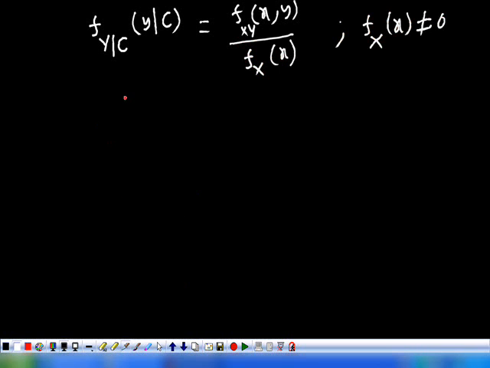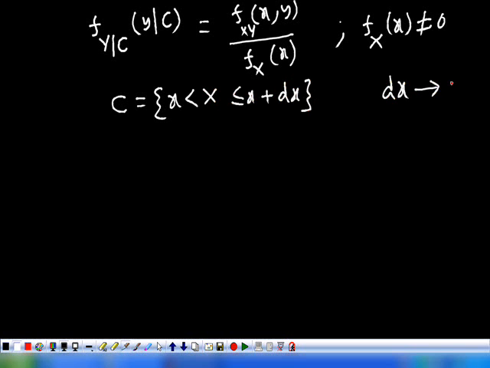But what is C here? We define C as x less than or equal to X less than or equal to x plus dx. See, here our assumption is dx is very small. So if dx is very small, can I write this as X equal to x, probability of X equal to x, because X is taking the single value x.